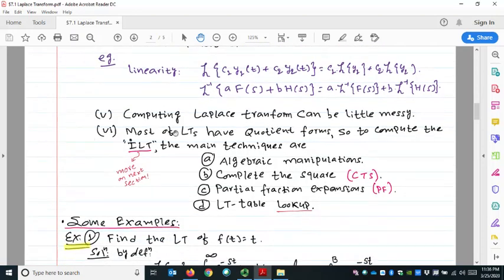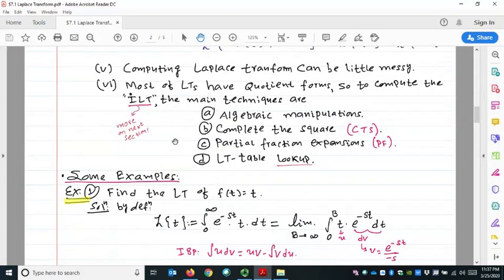Point 6, most Laplace transforms have closed form. To compute the inverse Laplace transform, the main techniques are algebraic manipulations, completing the square, partial fraction expansion, and Laplace transform table lookup. We will study the inverse Laplace transform in our next lecture.